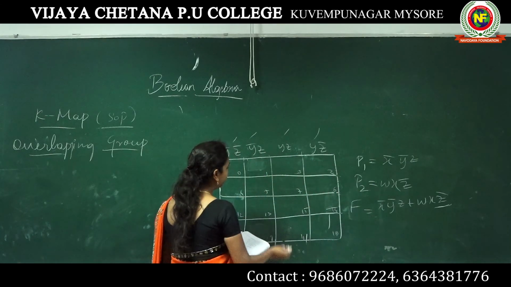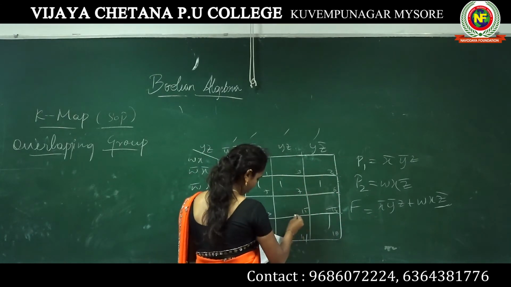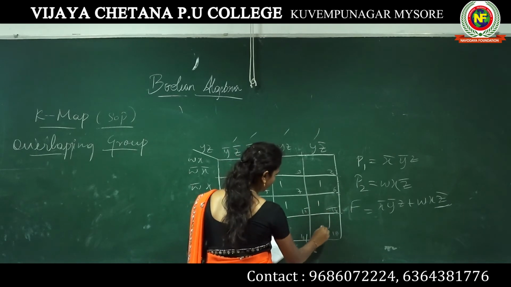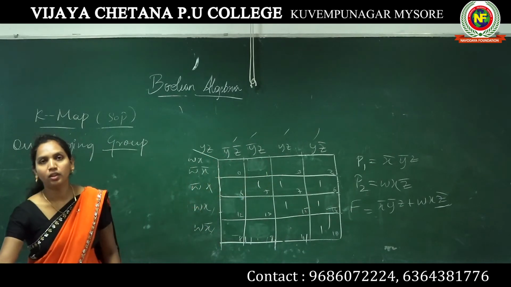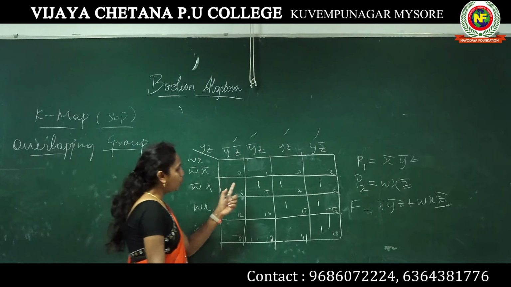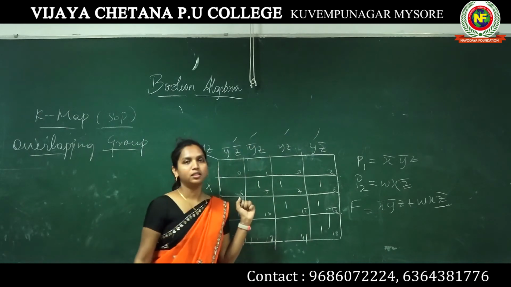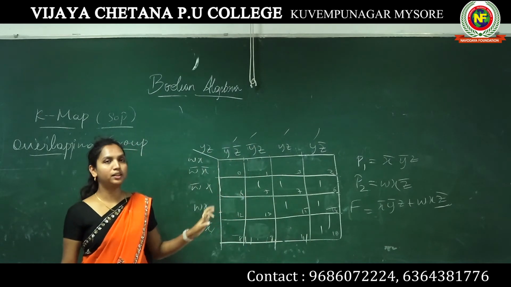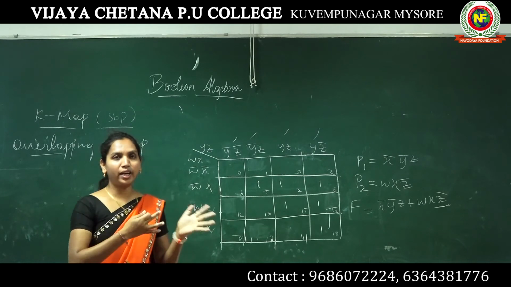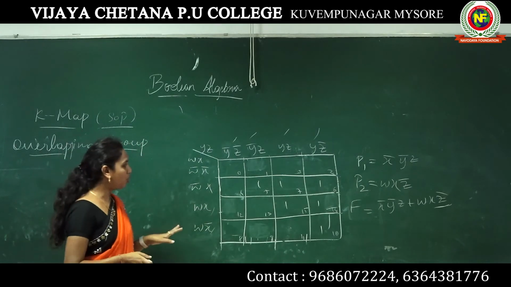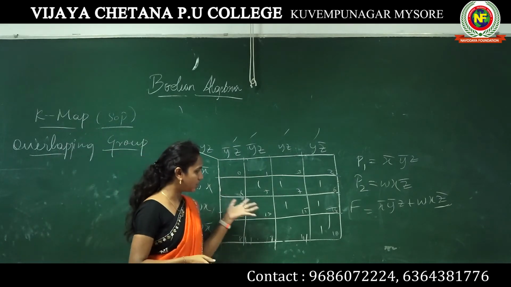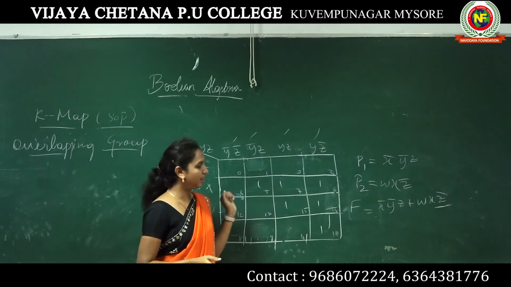For example, here, 1 1. So the ones are placed like this. How do we make the pair, quad and octet? It is not possible to make an octet because there are no eight ones here.